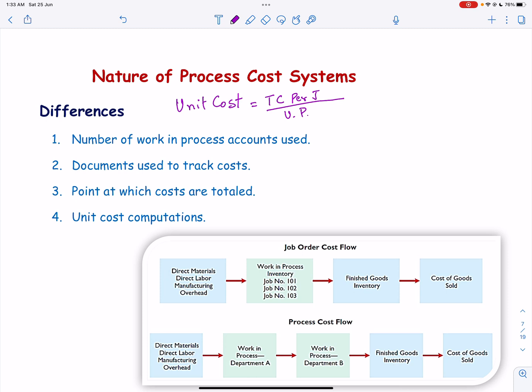In a process cost system, the unit cost is equal to total manufacturing cost for the period divided by units produced during the period. We will talk about the process cost flow in the next slide.